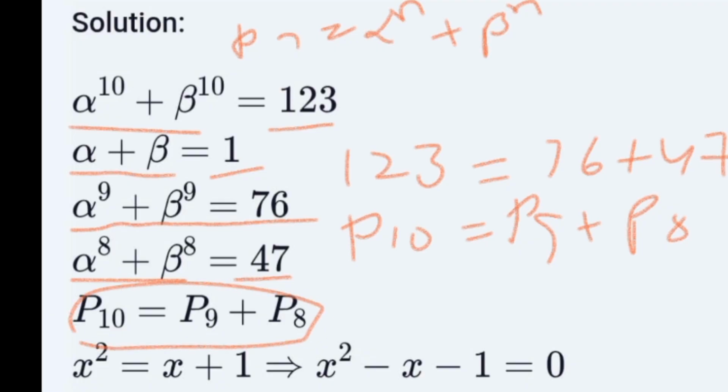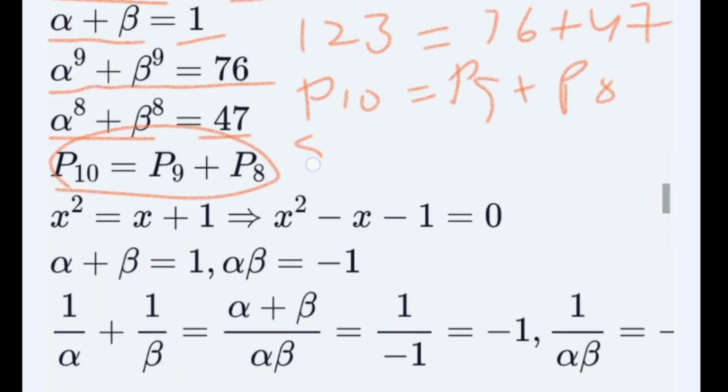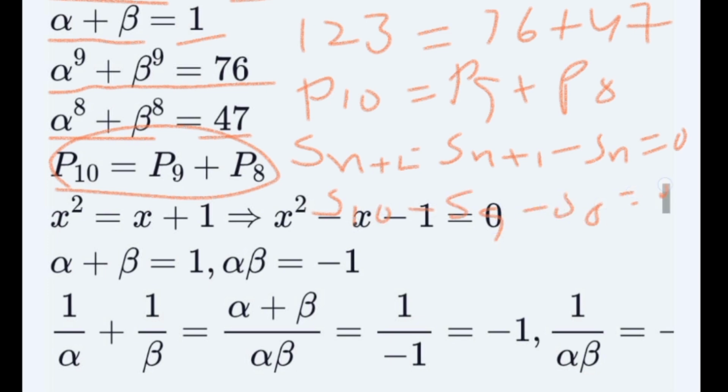So these are the conditions. We know Newton's identity: Sn plus 2 minus Sn plus 1 minus Sn is equal to 0, where n is equal to 8. So S10 minus S9 minus S8 is equal to 0, so S10 is equal to S9 plus S8.